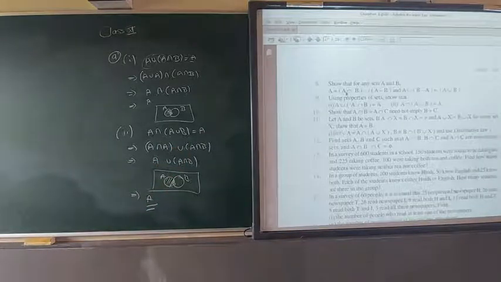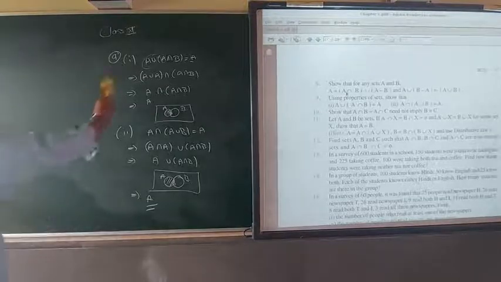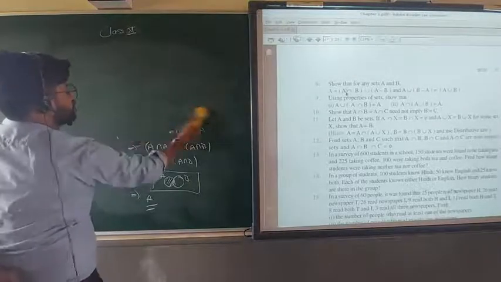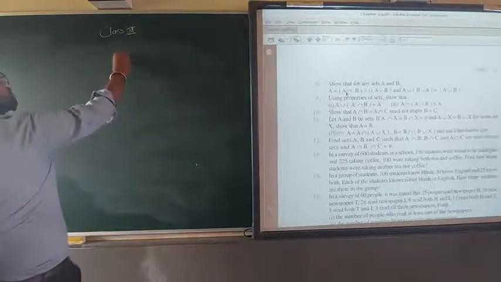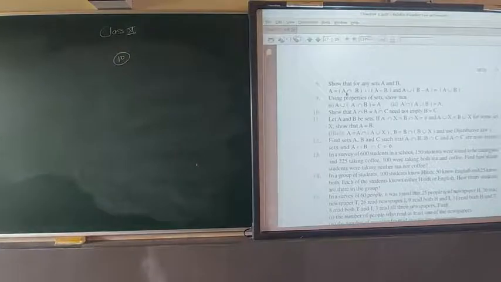Question number 9 is done. Now question number 10. The tenth question is, show that if A intersection B is equal to A intersection C, it should become equal.